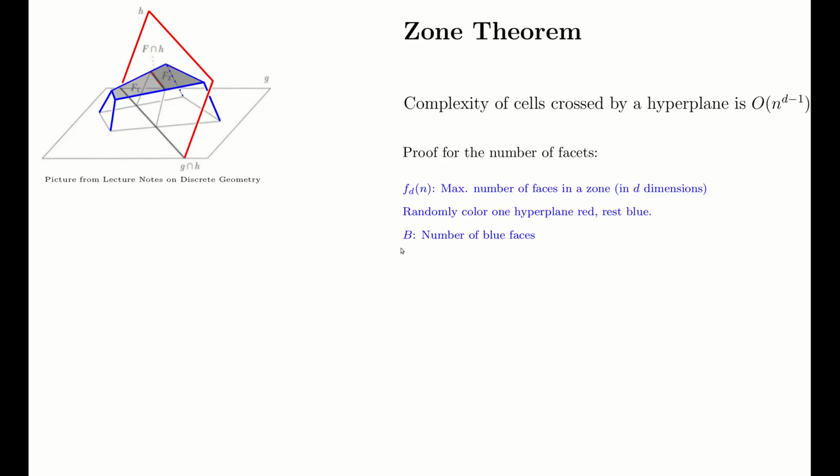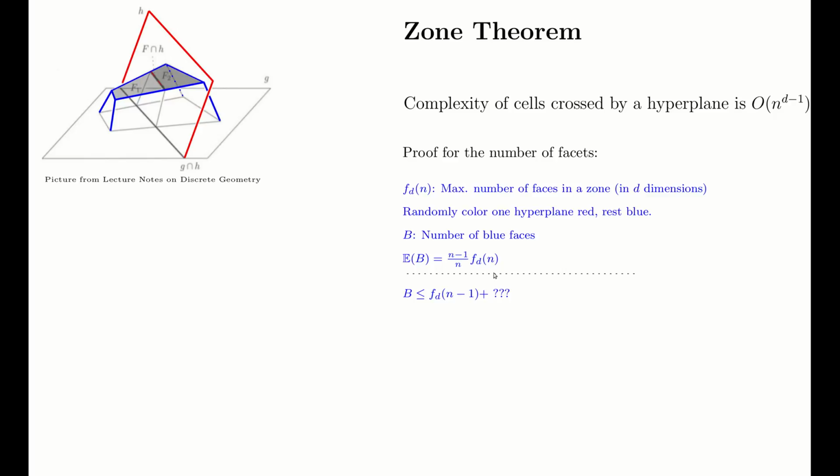We'd like to count the number of blue faces inside the zone of this hyperplane G. We'll do this counting in two different ways. One way to do it is just to use the fact that we have sampled H uniformly at random. In other words, every hyperplane is equally likely to be red, and thus each hyperplane will remain blue with probability n minus 1 over n.